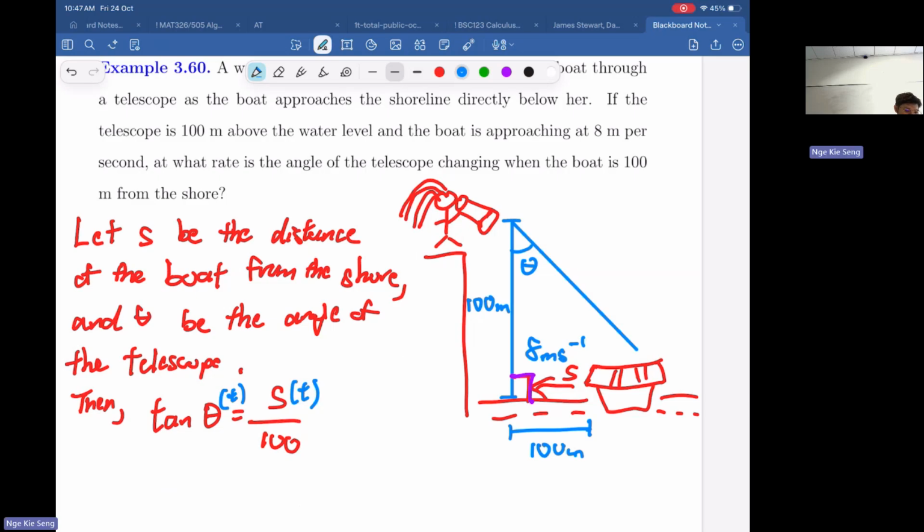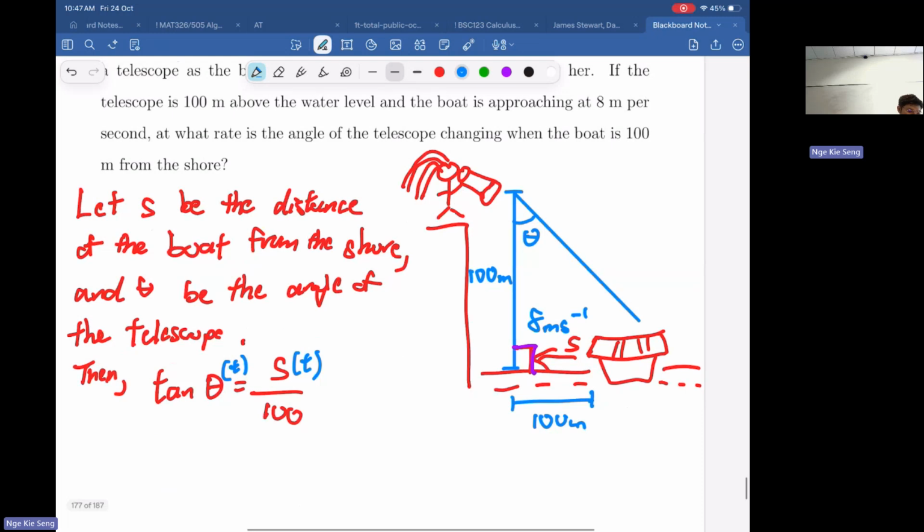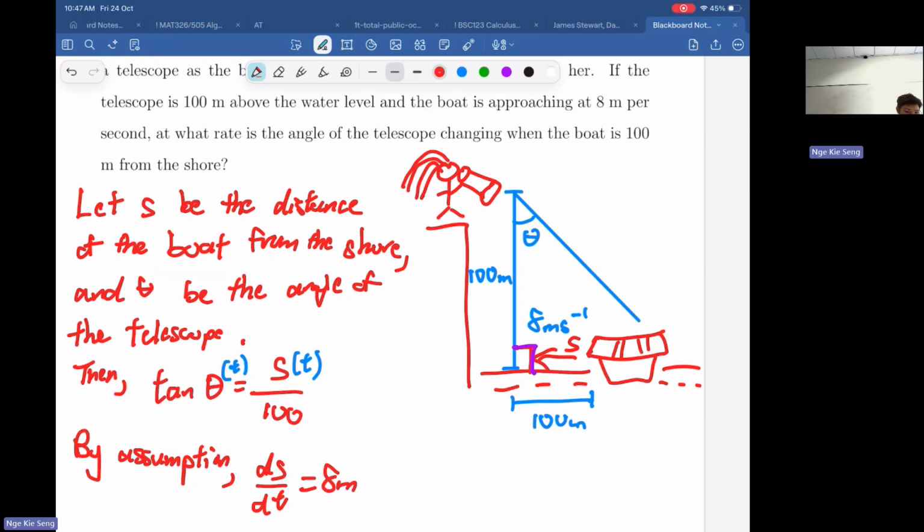What's given here was the boat is approaching. So meaning what? ds/dt, right? By assumption, ds/dt is 8 meters per second.